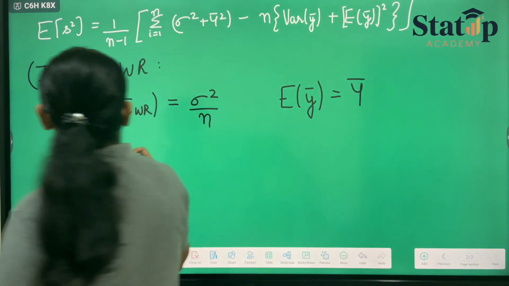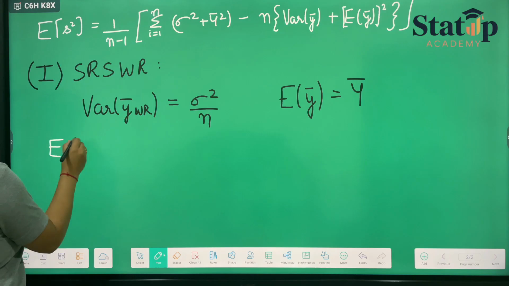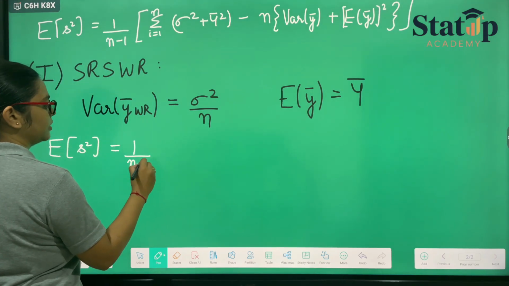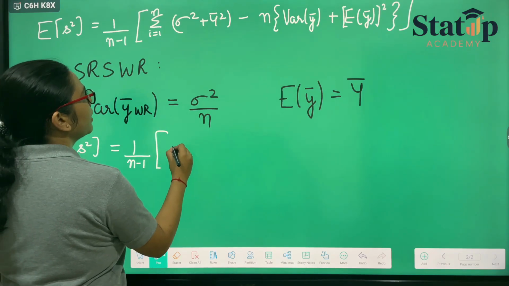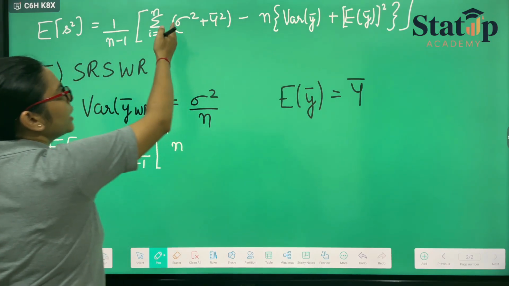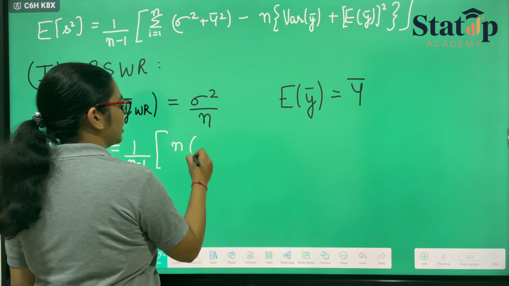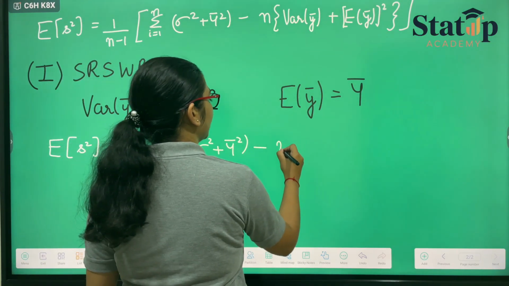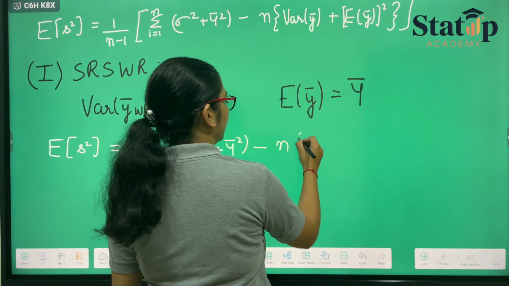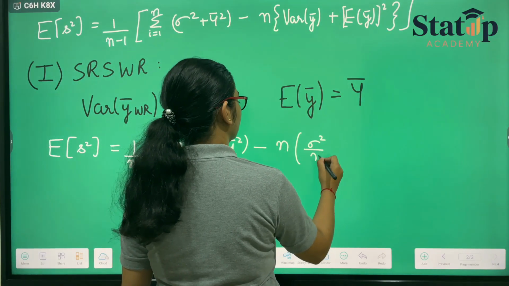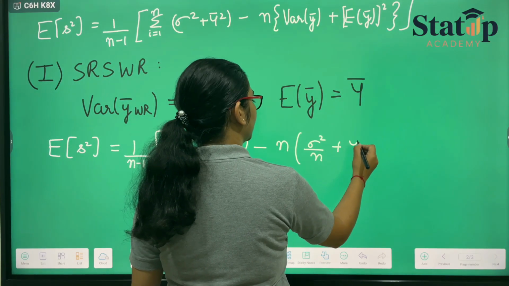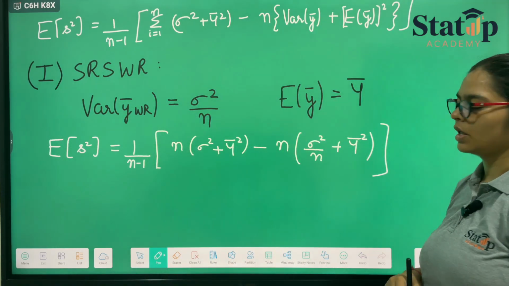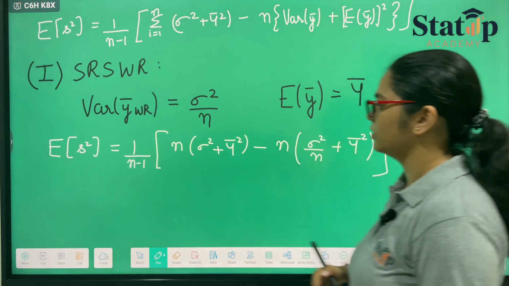So substituting the values here, we get estimation of s square is nothing but 1 upon n minus 1. Here n can be taken out of the summation because there is no i term. n, sigma square plus Y bar square, minus n, sigma square upon n plus Y bar square. On substituting, we get this equation.